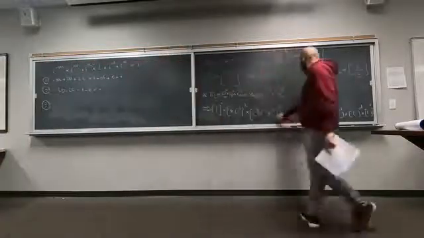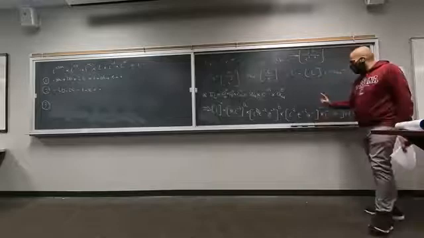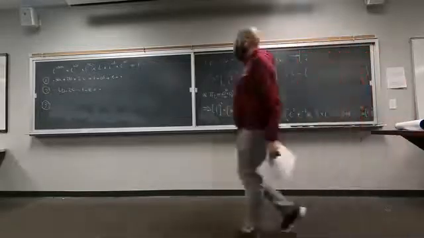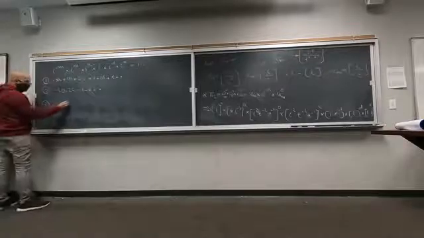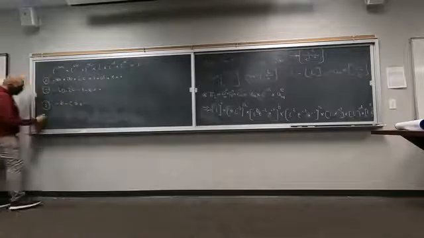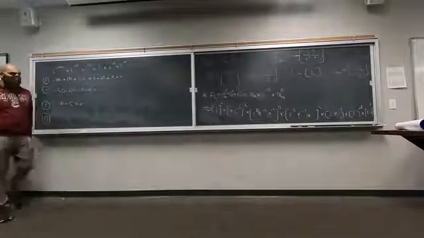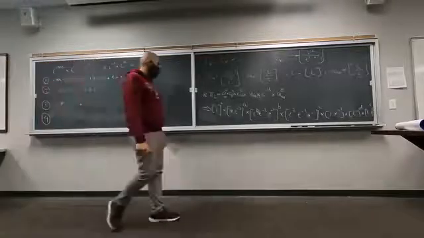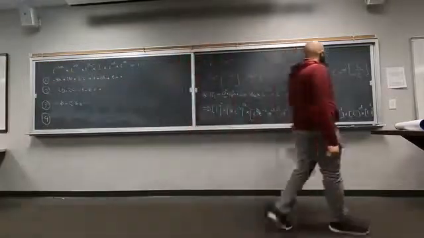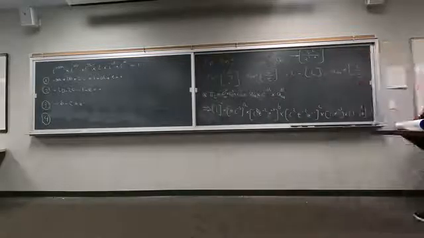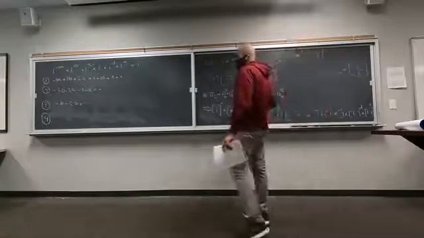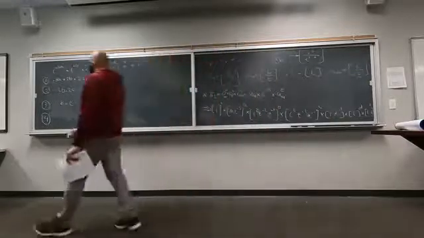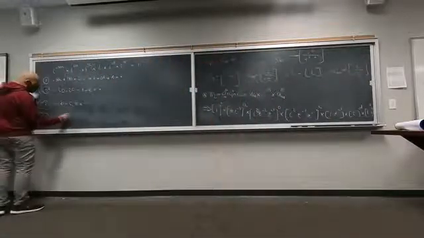We only have it here and here. Negative b, negative c has to be equal to 0. And the fourth one, we only have the presence of m once. So m to the power a is equal to 1. So a is equal to 0.